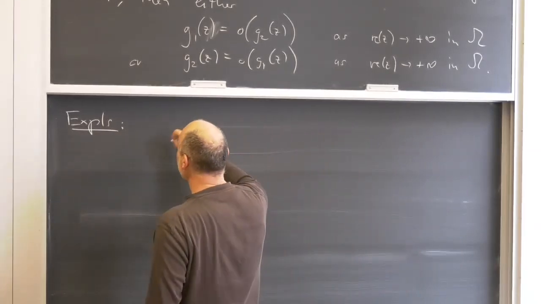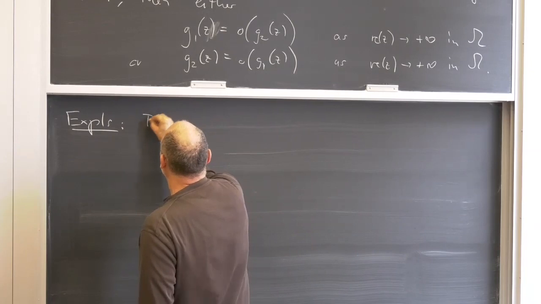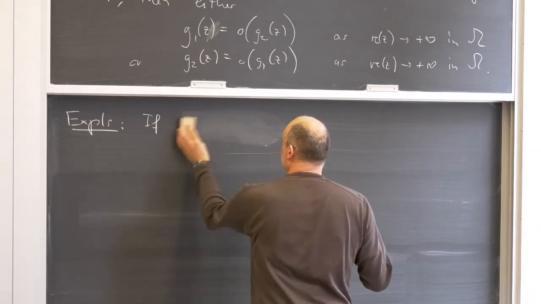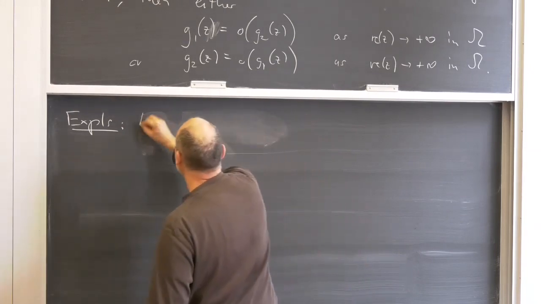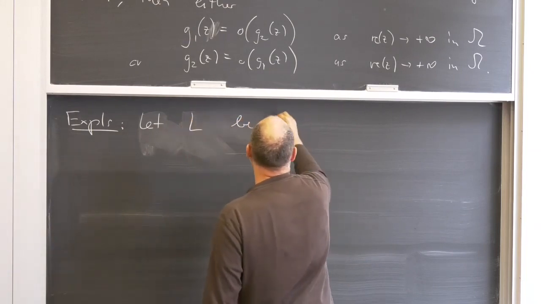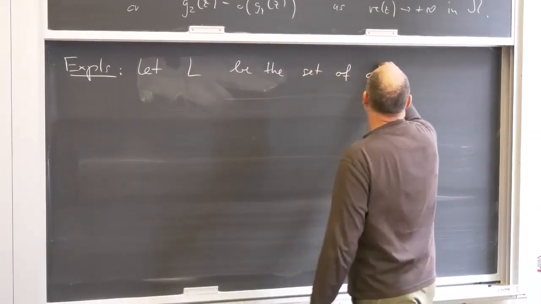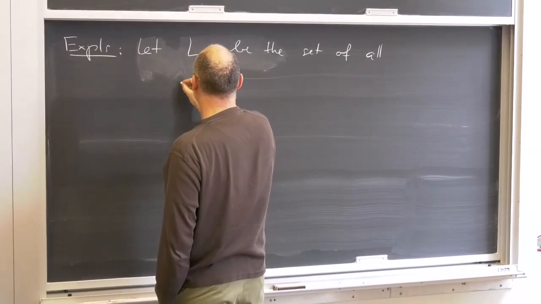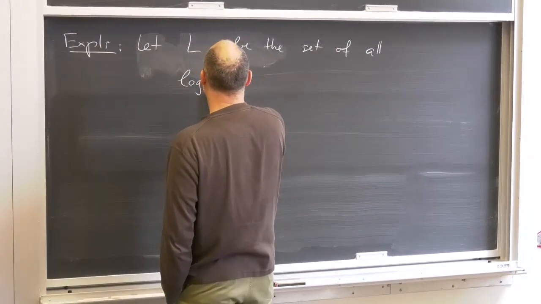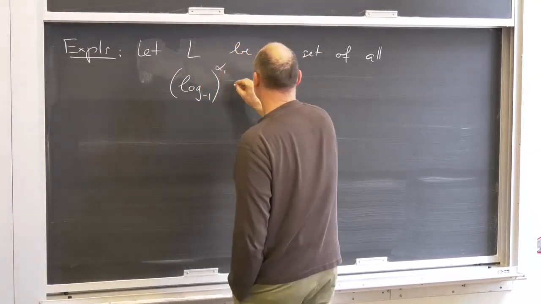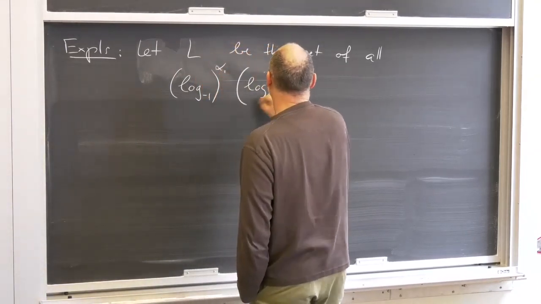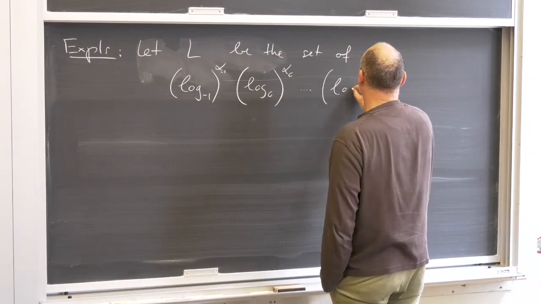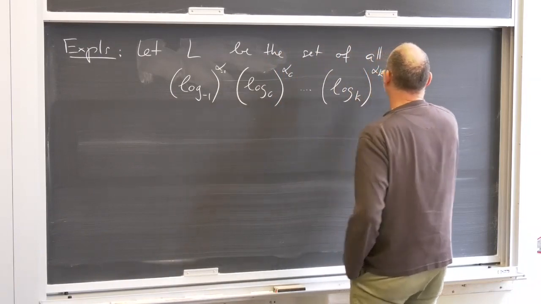So if G is the set, actually no, I don't want to call that G. Let L be the set of all products of log_{-1} to some power alpha_{-1}, log_0 to some power alpha_0, up to some iterative log.